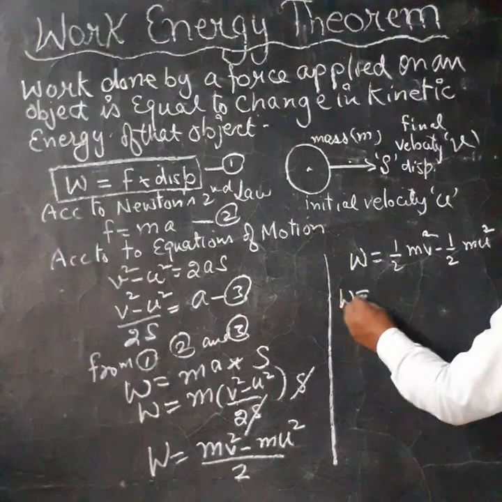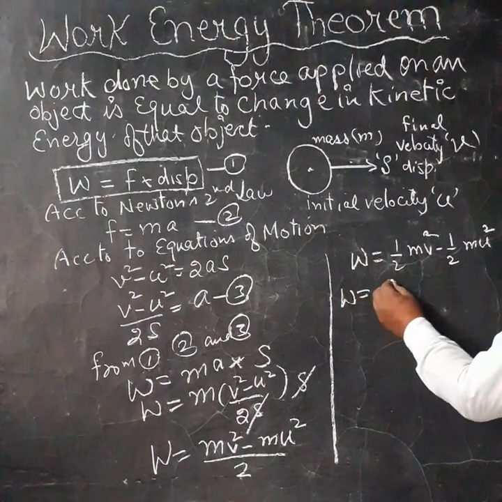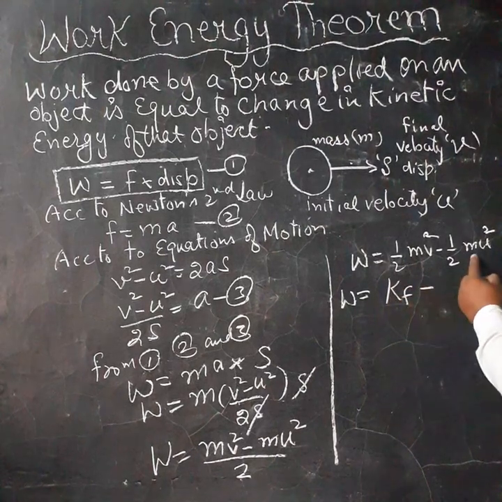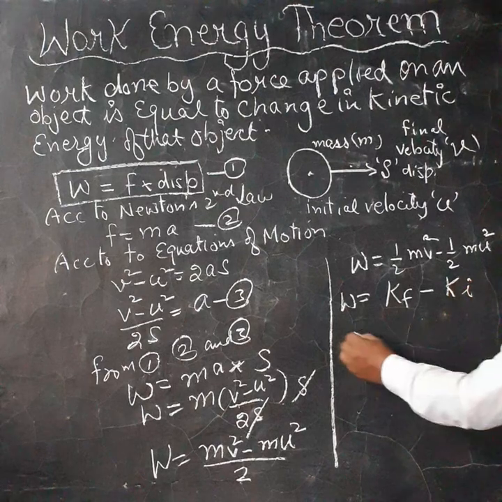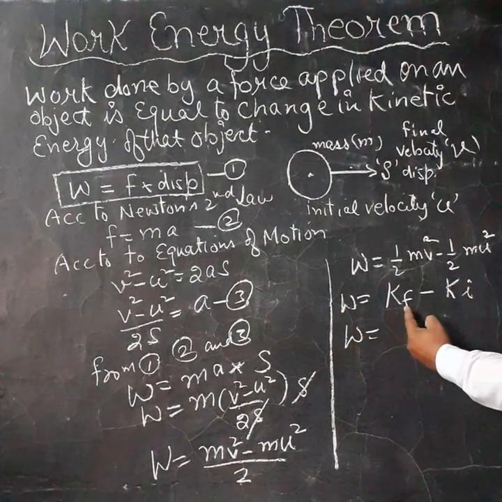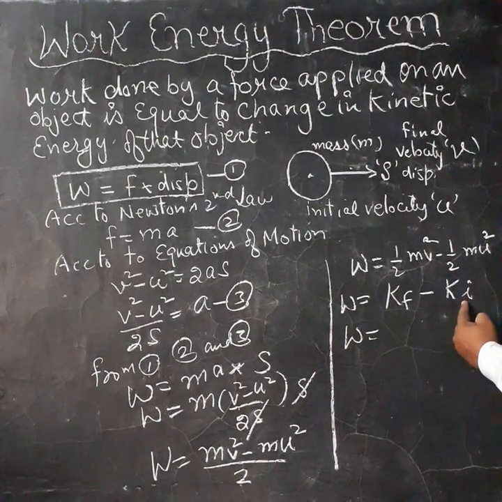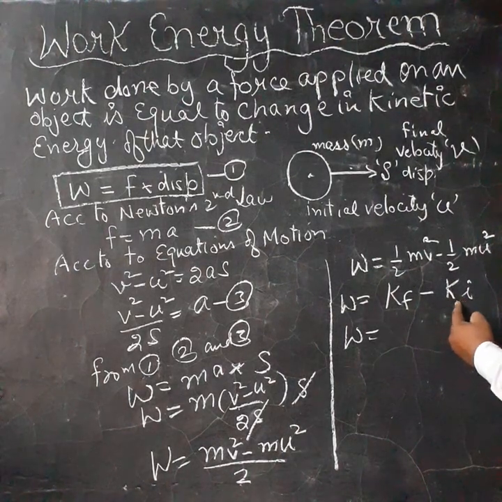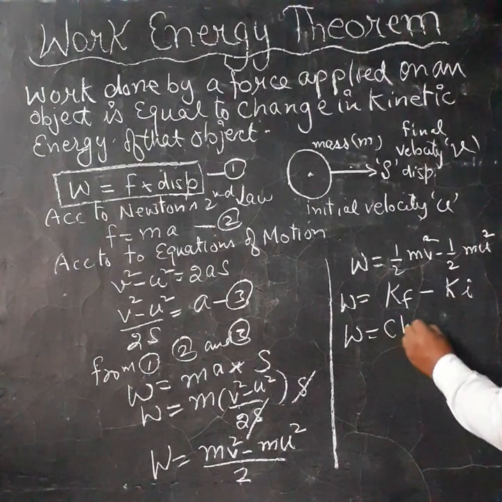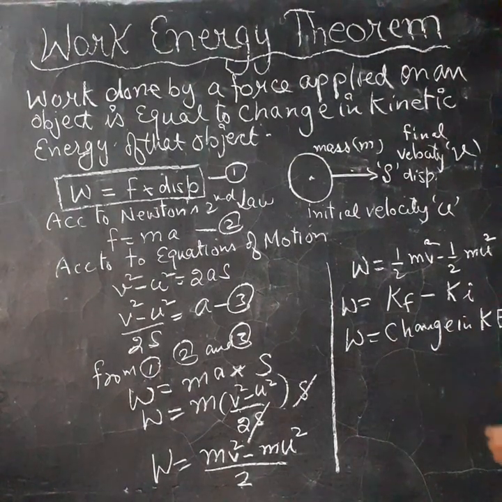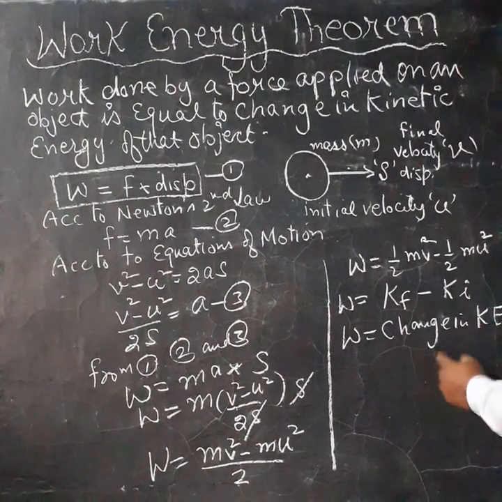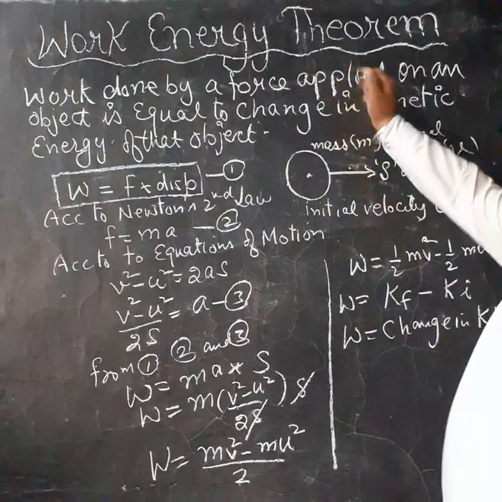So this is the final kinetic energy and this is the initial kinetic energy. So final minus initial kinetic energy is the change in kinetic energy.